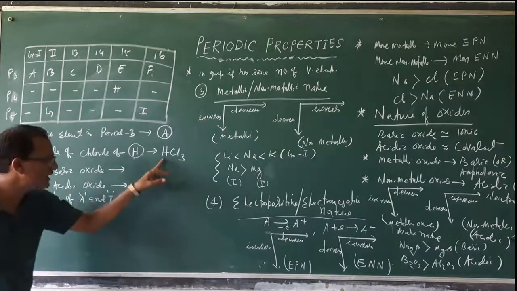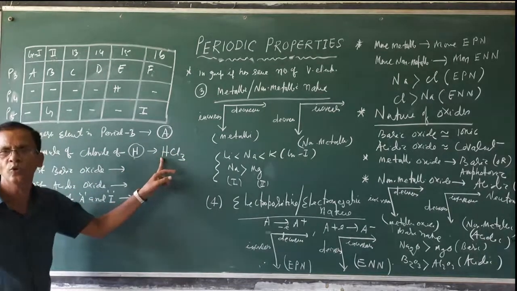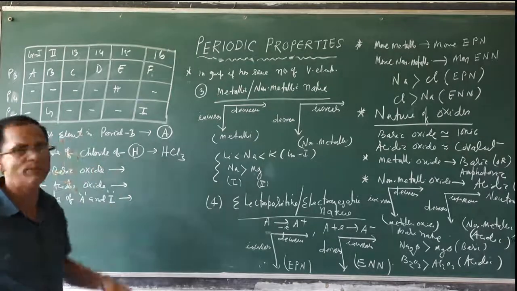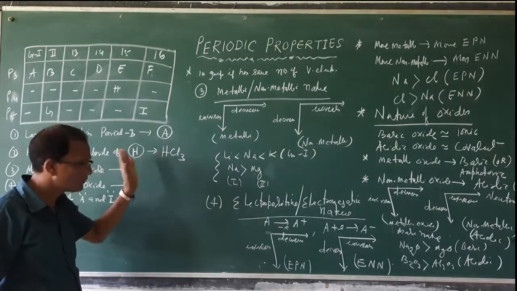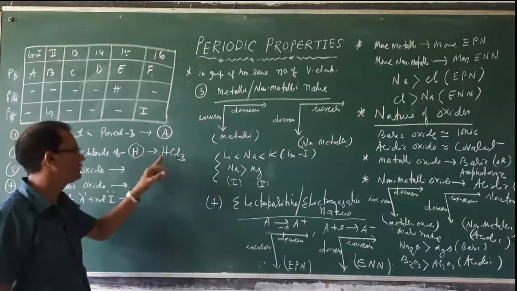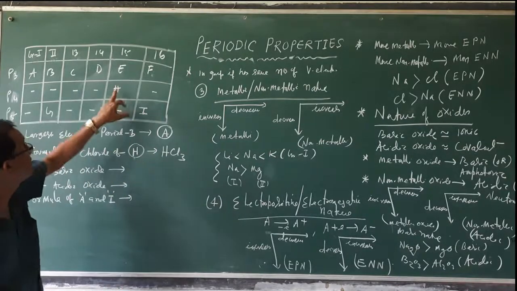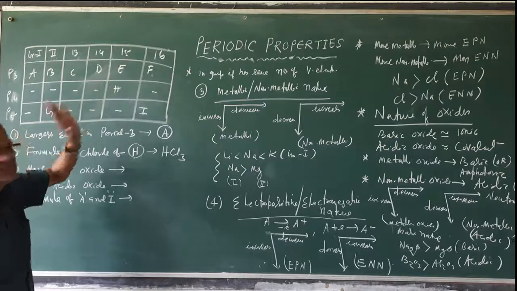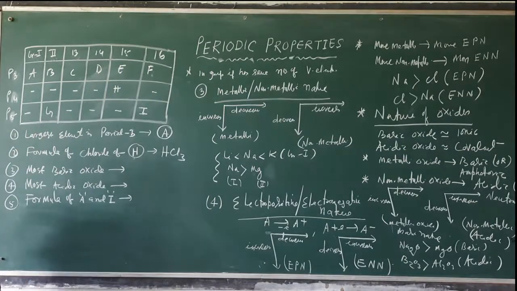H is the name of an element. Don't confuse it with hydrogen. No, H is one unknown element. What is the formula of chloride, taking Cl? So HCl3, because the valency of H is 3. Group 15 means normal valency is 3.